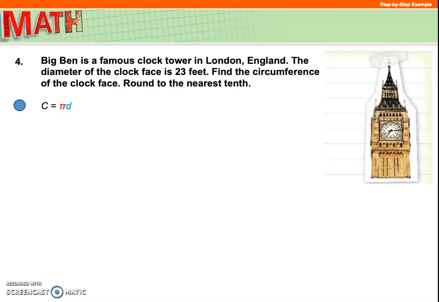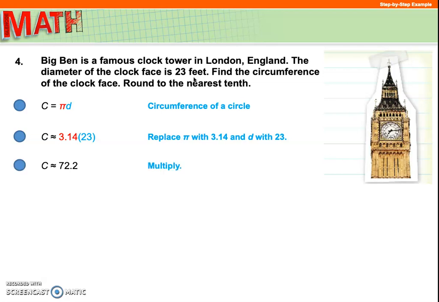Well, since we know it's the circumference that we're trying to find, we are going to multiply pi times the diameter, so that will fill in the 3.14, and we will multiply it by the diameter, which is 23 feet. When we do that, we should get 72.2, so the distance all the way around the clock is about 72 and 2/10 feet.